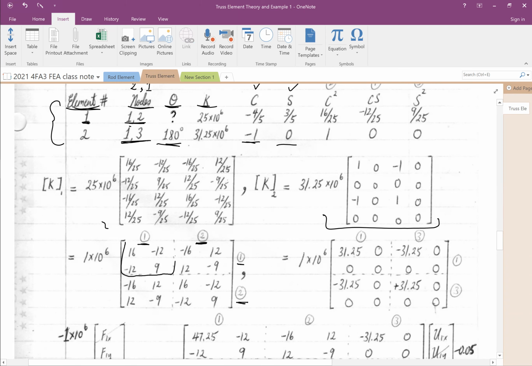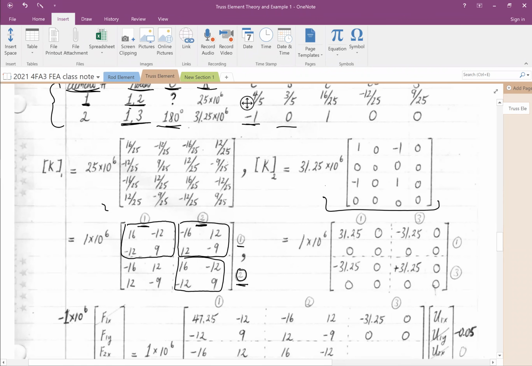These 4 entries look after node 1, and these 4 entries look after node 2 only. This one looks after the relationship between nodes 1 and 2. Similarly, this 4x4 matrix looks after nodes 1 and 3.